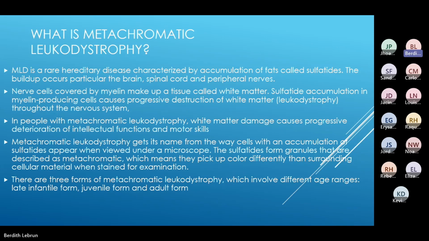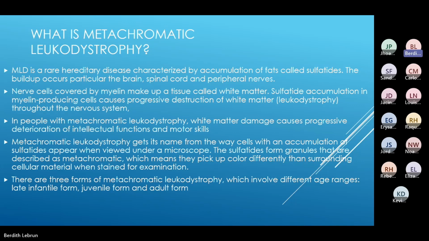So, what is metachromatic leukodystrophy? MLD is a rare hereditary disease characterized by the accumulation of fats called sulfatides. The buildup occurs particularly in the brain, spinal cord, and peripheral nerves. Nerve cells covered by myelin make up a tissue called white matter.